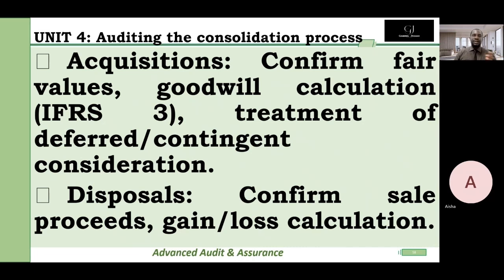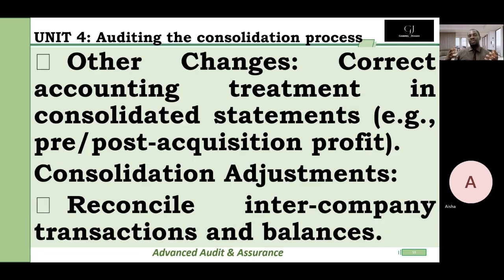The calculations around this are very important. We also need to look at other changes, current accounting treatment in consolidation statements, pre-acquisition and post-acquisition profit. All the arithmetical accuracies need to be tested by the group auditor.